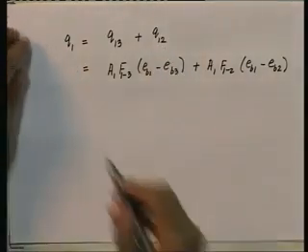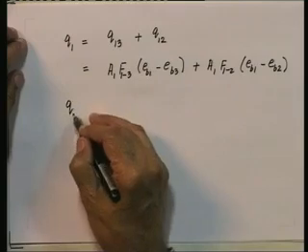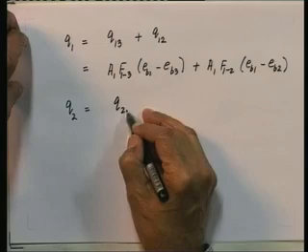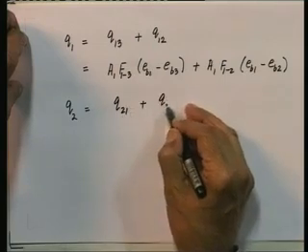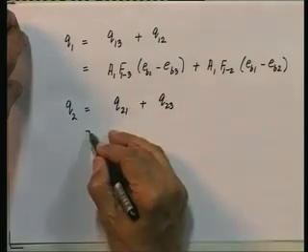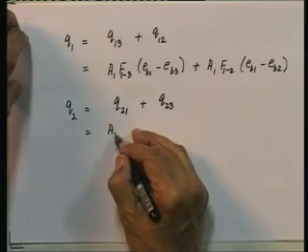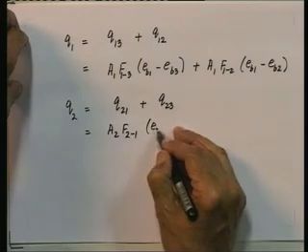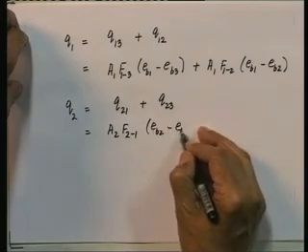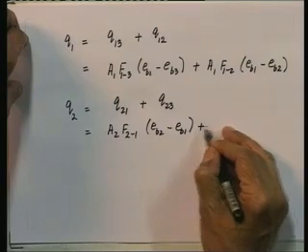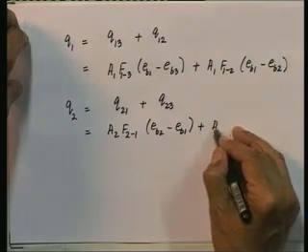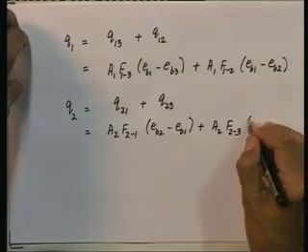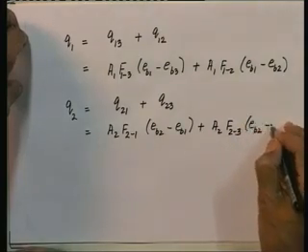All right. Similarly, Q2 must be equal to Q21 plus Q23, which is equal to A2 F21 (EB2 minus EB1) plus A2 F23 (EB2 minus EB3).